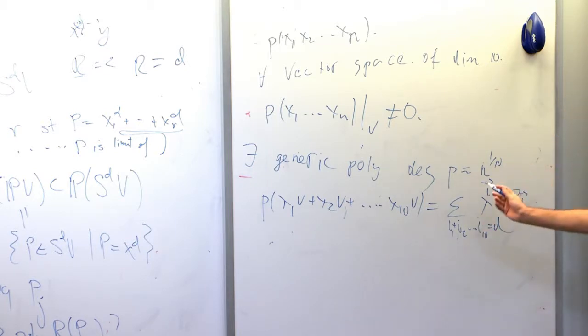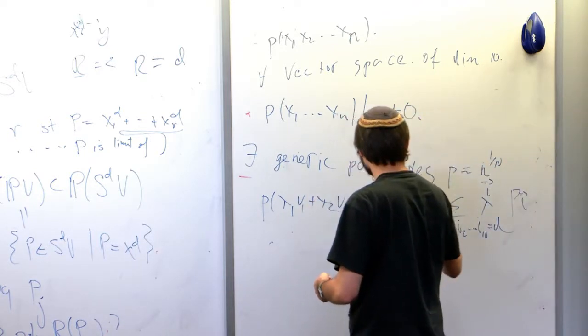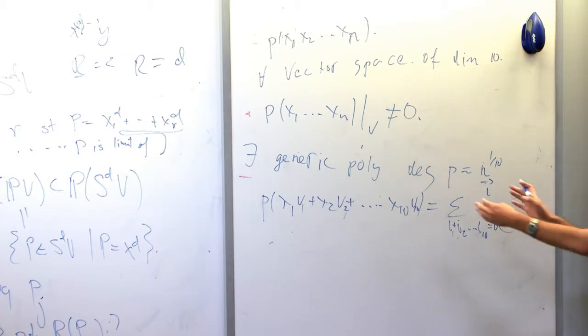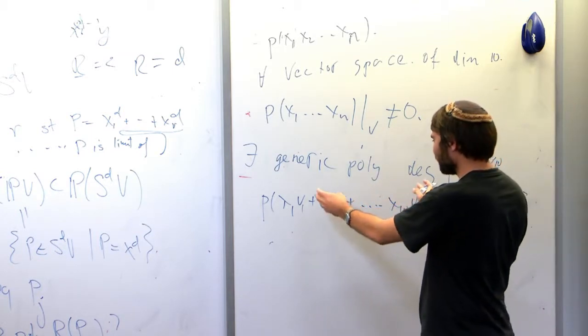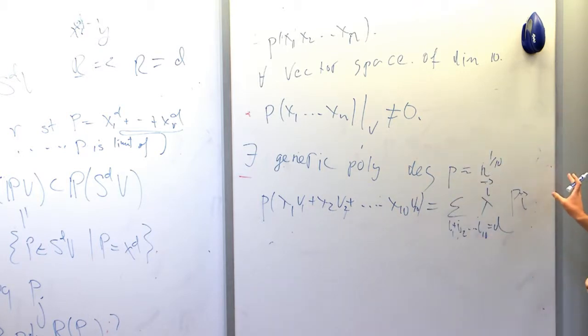It's 0 if and only if all these polynomials are 0 at some point. You can find points in V1, V2, up to V10 such that all these polynomials will be 0. So you cannot take the degree too small.